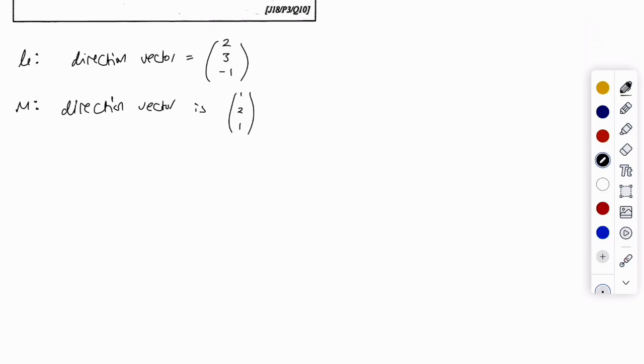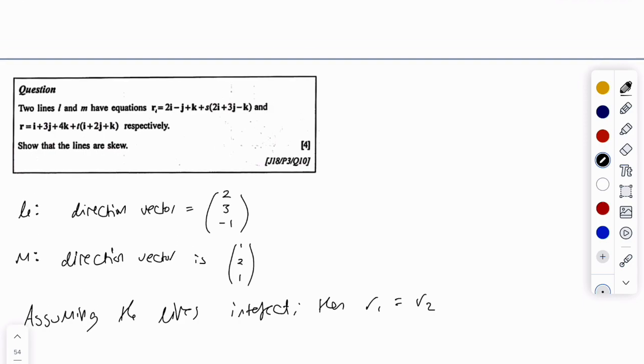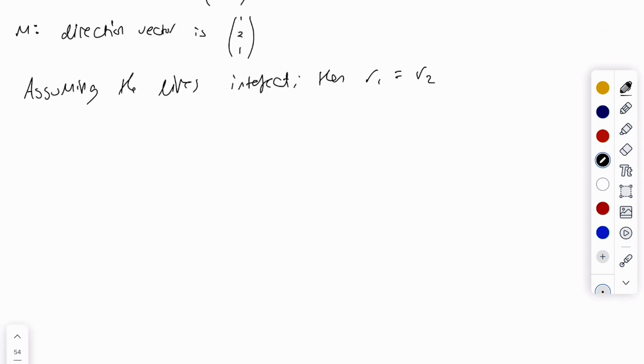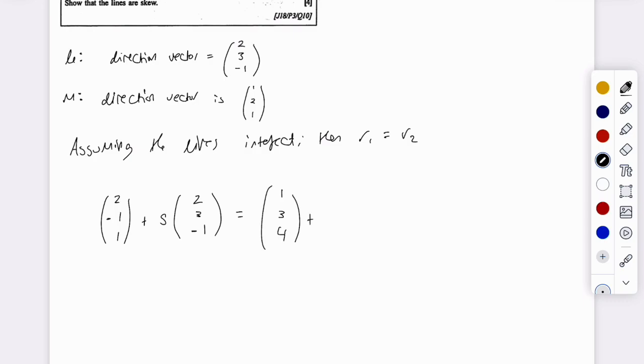So I'm going to say, assuming the lines intersect, just assuming, then r1 is equal to r2. Which means what? Well, that would mean that (2, -1, 1) plus s(2, 3, -1) is going to equal (1, 3, 4) plus t(1, 2, 1).